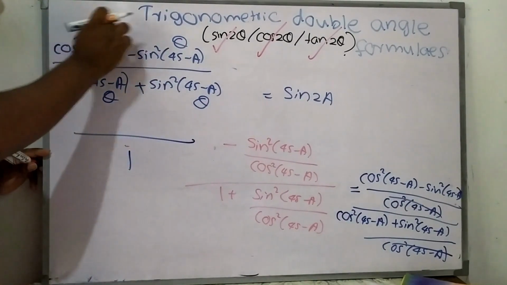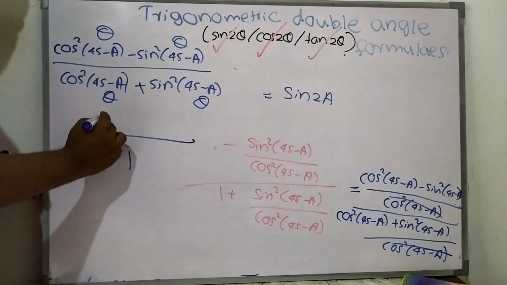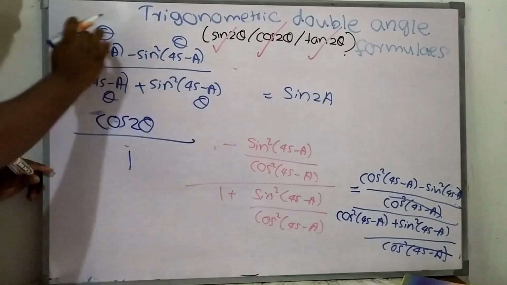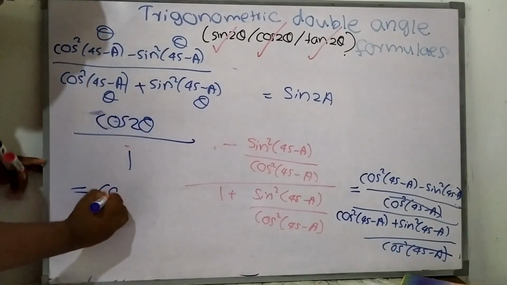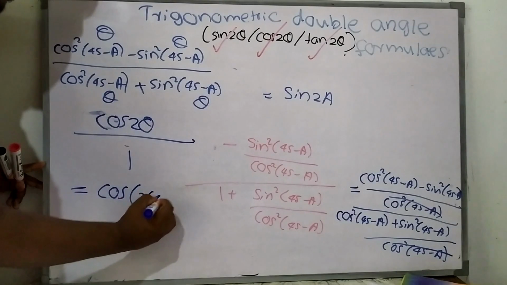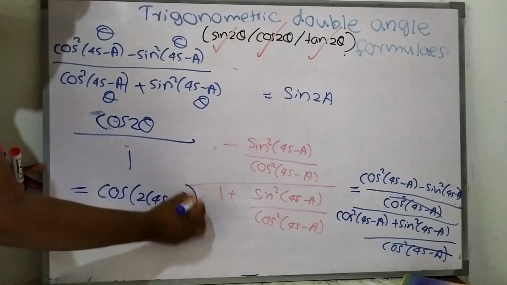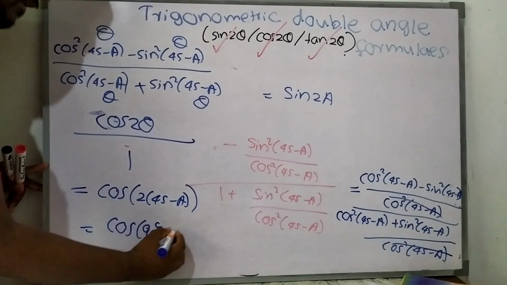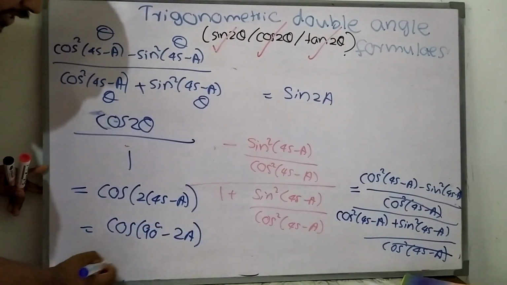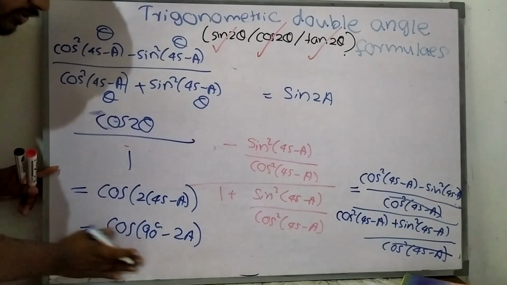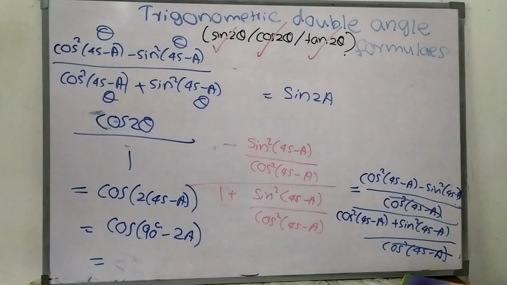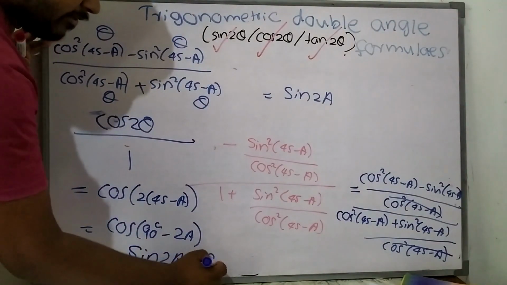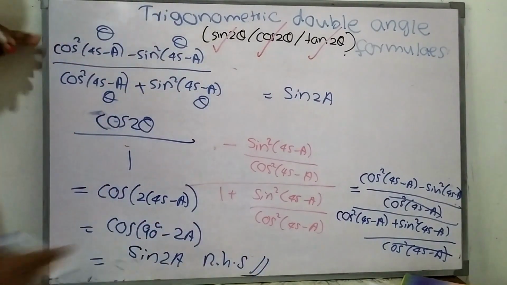The numerator is cos squared theta minus sin squared theta, which is cos 2 theta. Cos 2 theta means cos 2 times (45 minus A), so it's cos (90 minus 2A). Cos (90 minus 2A) means sin 2A. This is my right hand side.